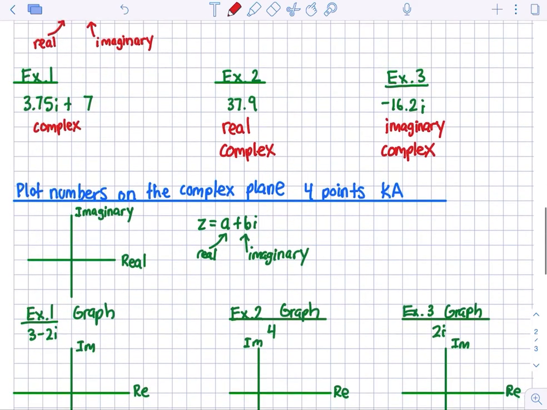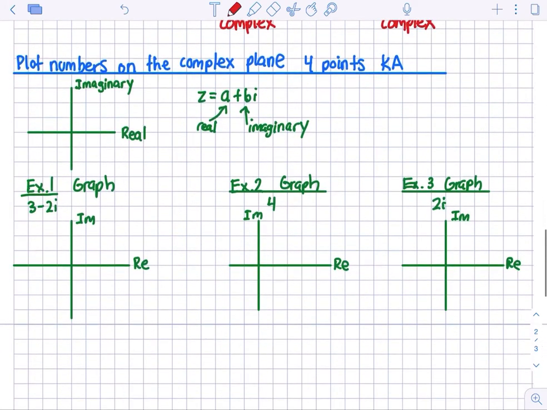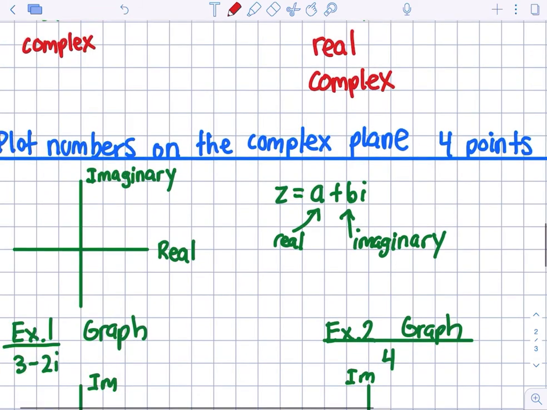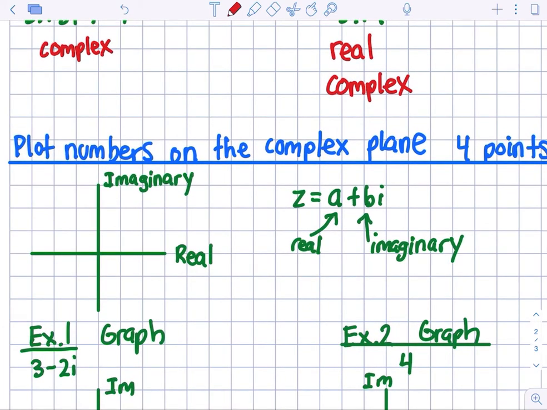Alright, now we're going to get into your last section, graphing. So again, this is a complex number, right? This is the real part of the complex number, and this is the imaginary part of the complex number. Now, you can graph this on a two-dimensional plane, but the axes are going to be different.